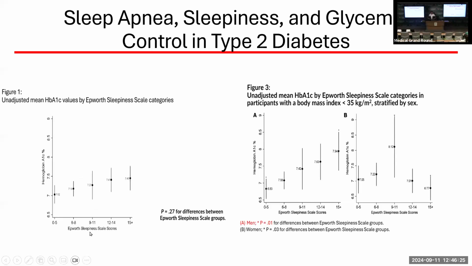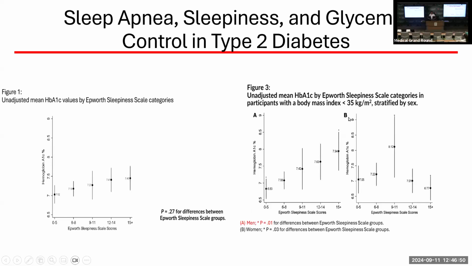So this is a graph, figure 1 on the left panel. It shows the Epworth sleepiness score on the x-axis and the A1c on the y-axis. The group was divided into quintiles based on the ESS score. Though there was gradation depending on the ESS score, the difference was not statistically significant.